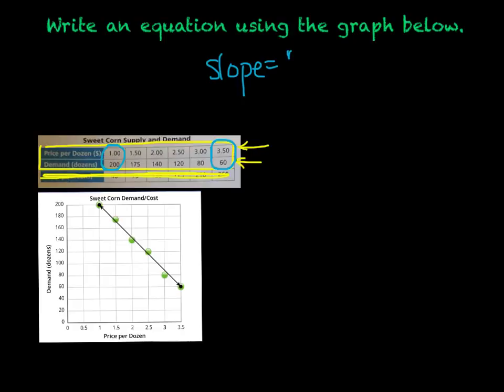Slope is rise over run. It is our dependent variable versus our independent variable. So our dependent variable in this case is the demand, or the number of dozens of ears of corn. So I'm going to look at the change in the rise, which is 200 minus 60.